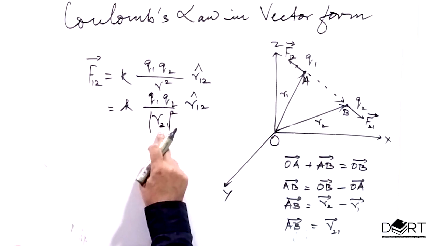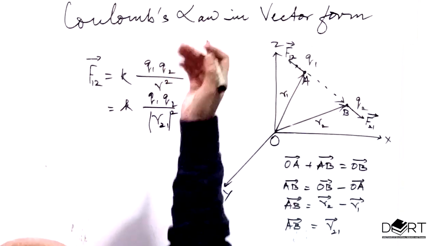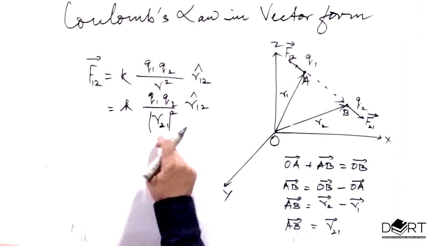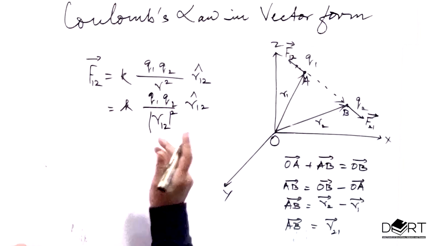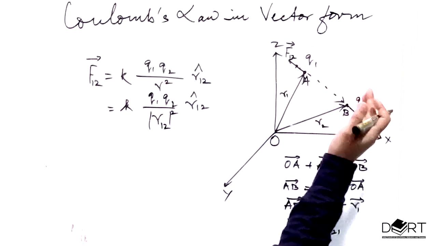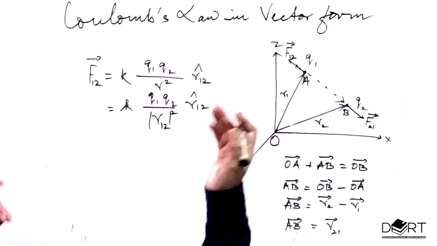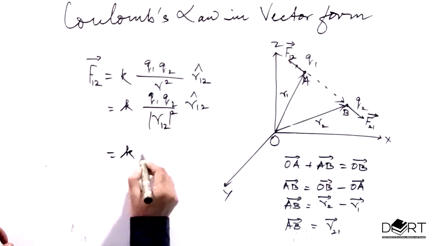This also could have been r12 because magnitude of r21 and magnitude of r12 is the same thing. So, just to keep consistency, I will change it and make it r12. It comes to the same thing because the magnitude measured from A to B or from B to A, they are the same thing. Now, this I can further write in this fashion.